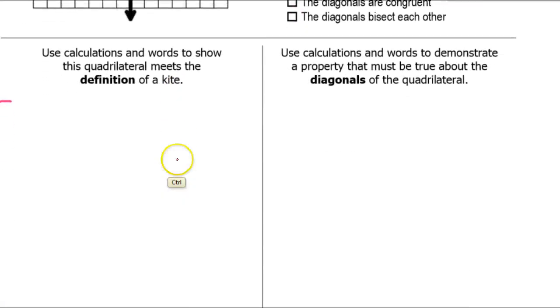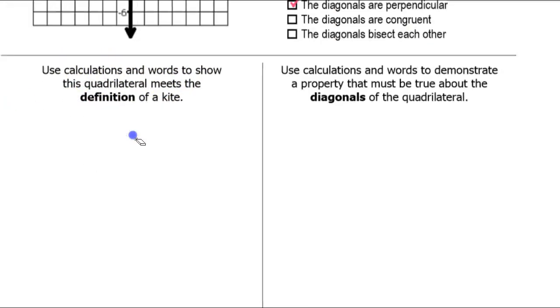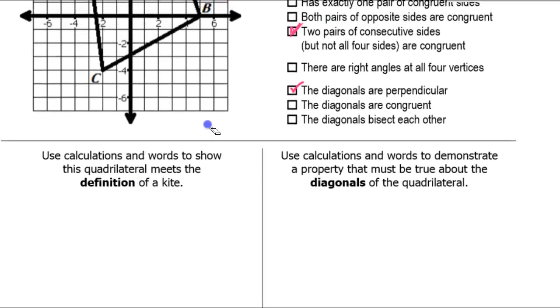Okay, use calculations and words to show this quadrilateral meets the definition of a kite. So the definition of a kite is this first checkbox that we did. Two pairs of consecutive sides that are congruent, but not all four.